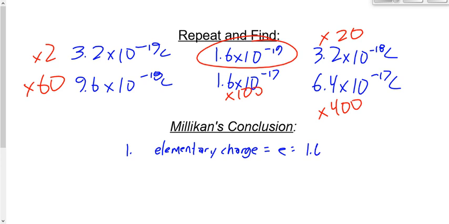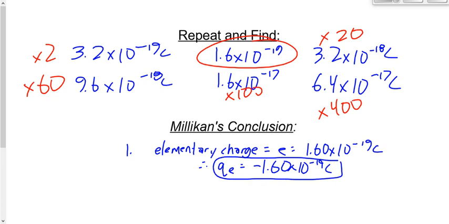And its value is 1.60 times 10 to the minus 19 coulombs. Now, since the electron is a negatively charged subatomic particle, Millikan deduced that that must be the charge of the electron. We already knew that it was a negatively charged particle, and now we know that its charge is negative 1.6 times 10 to the minus 19 coulombs.